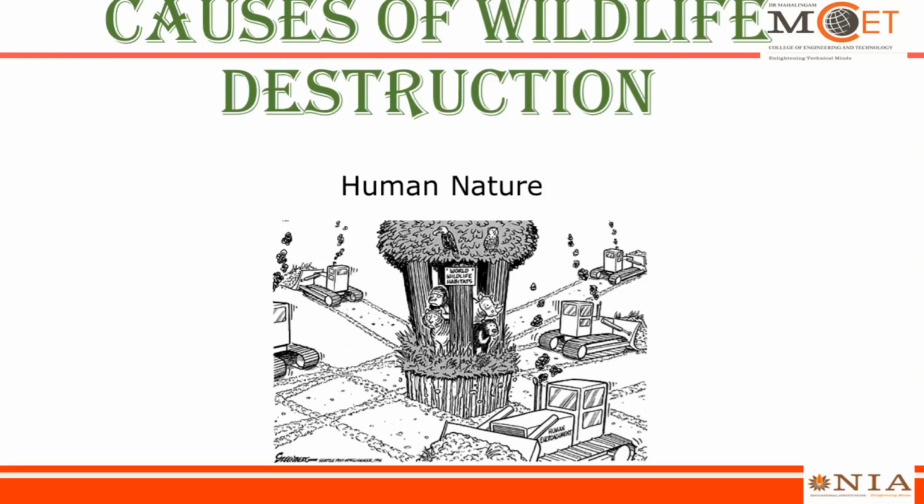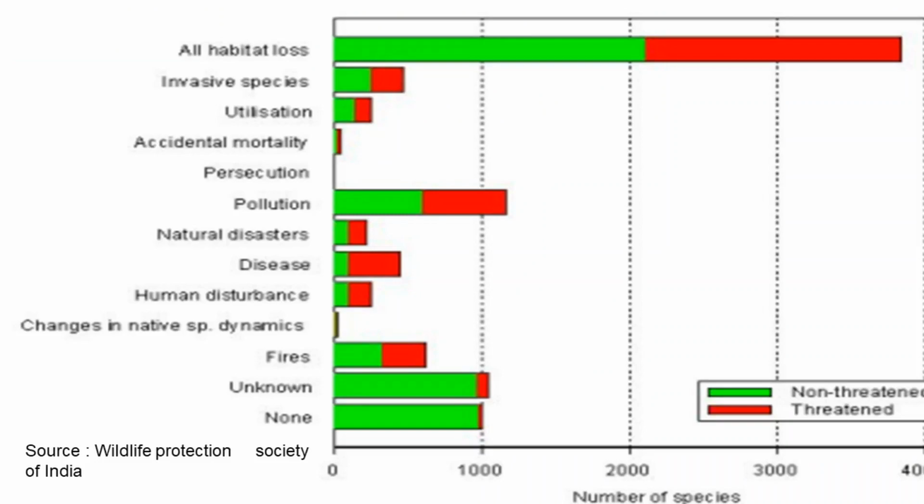Causes of wildlife destruction. First and foremost is human, and then comes natural processes. This is a bar chart which is representing the proportion of threatened and non-threatened species in terms of habitat loss, invasive species, utilization, mortality, pollution, persecution, disasters, disease, and so on.